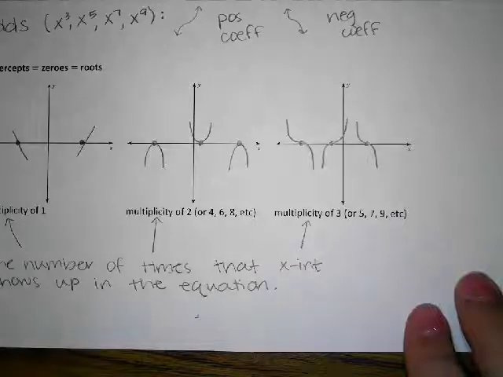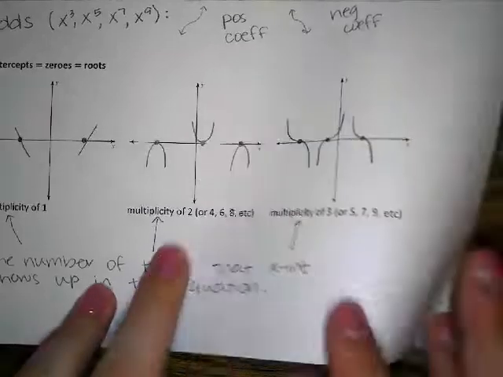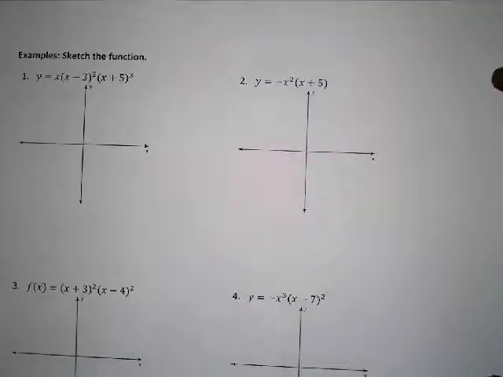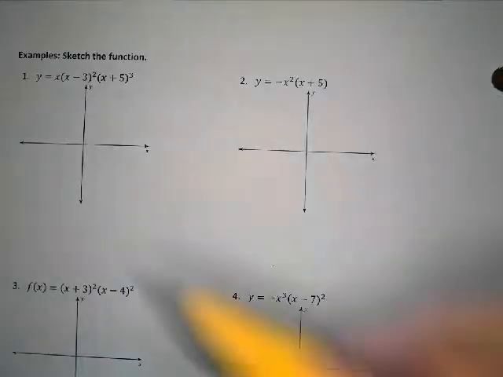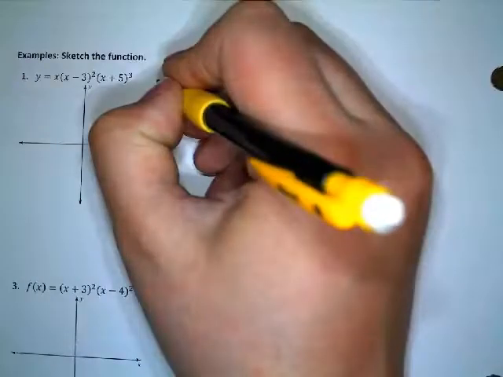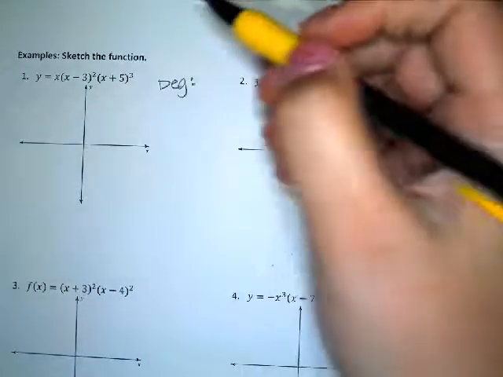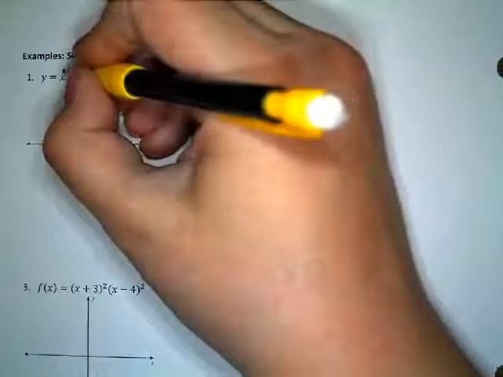Okay, so go ahead and flip over to the back. We're going to draw some of these. The first thing we want to do is figure out what our degree is. We find the degree just by counting up the exponents. Anytime you don't see an exponent, you're just going to count that as a 1.